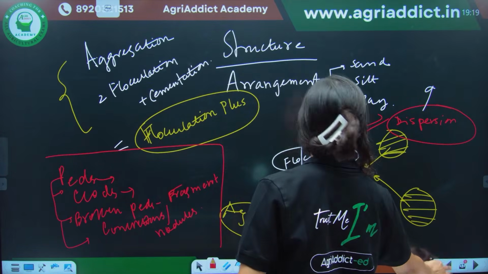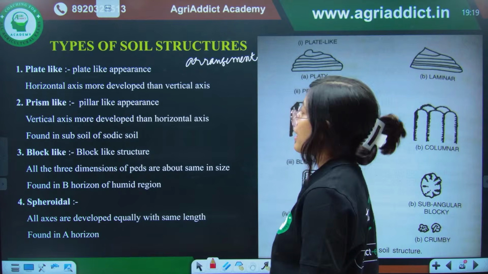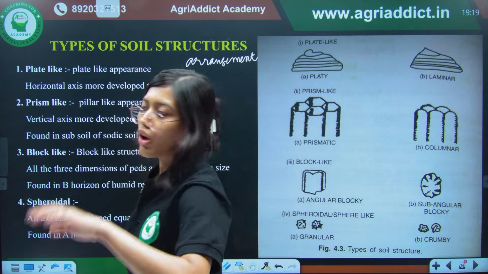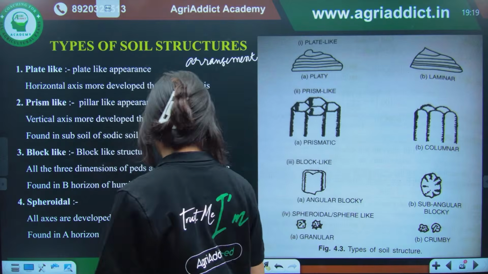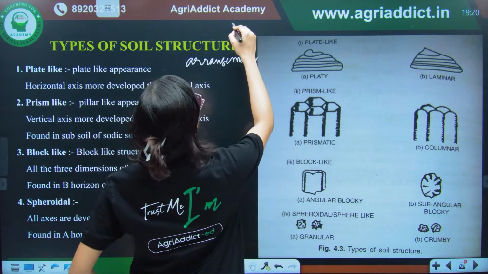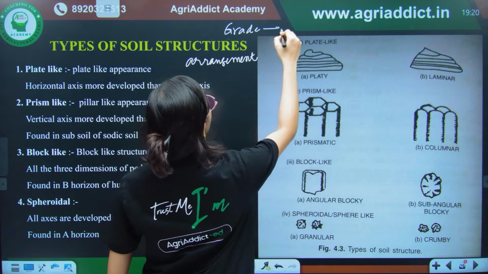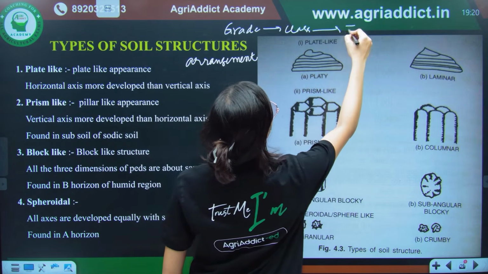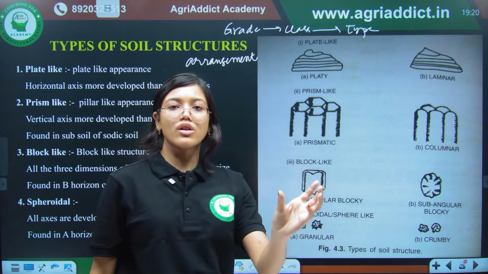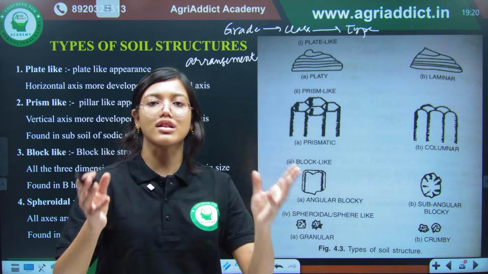Now we will come to a very important part, the different types of soil structure. Always remember that soil structure is evaluated in three ways: grade, class, and type. The grade will tell you whether your soil is weak, moderate, strong or structureless.